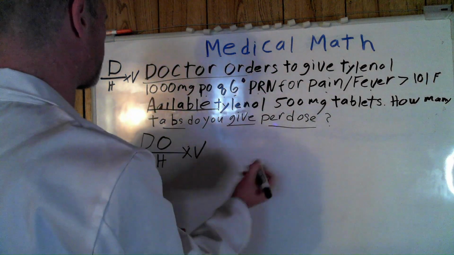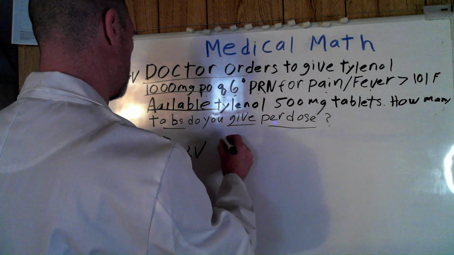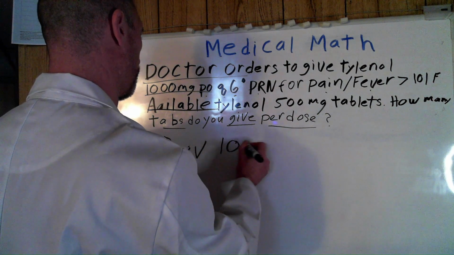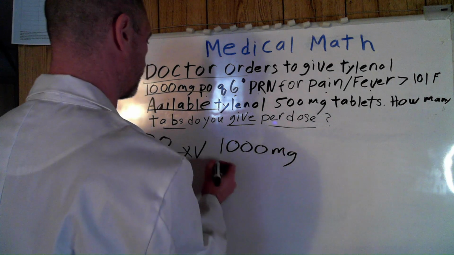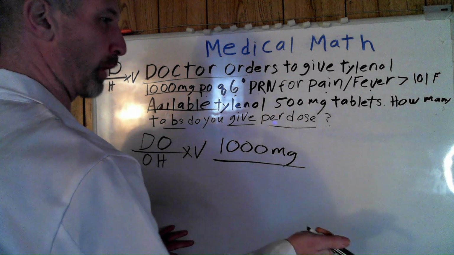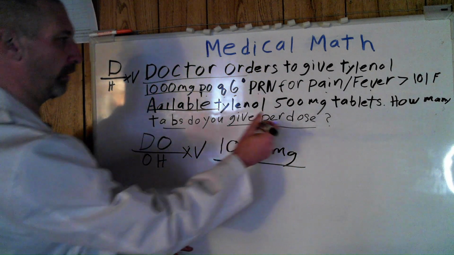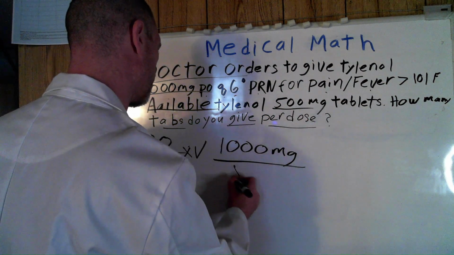All right. So what's the doctor's order? Doctor's order is 1,000 milligrams. What do we have available to us, or what do we have on hand? Well, 500 milligrams, right?